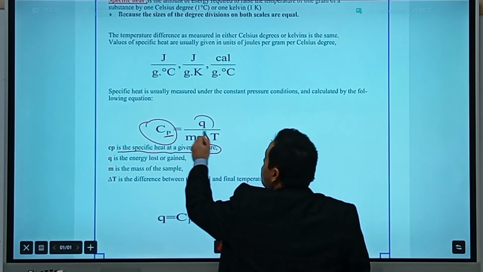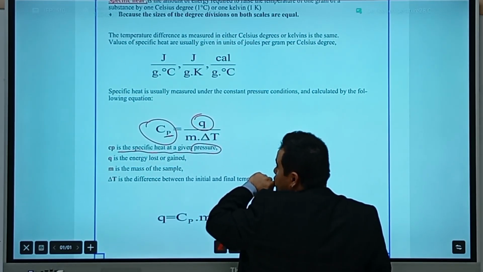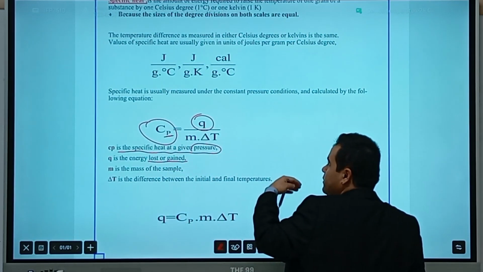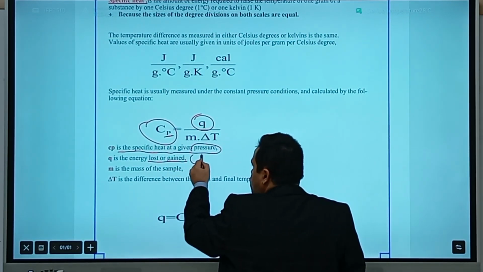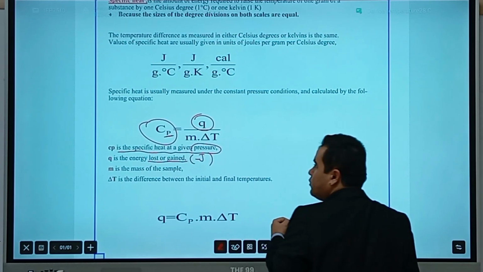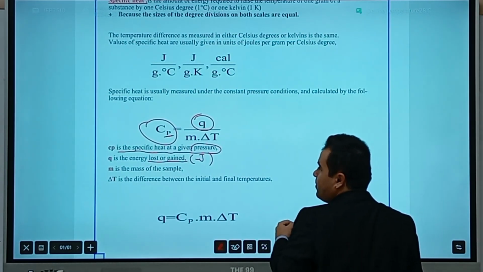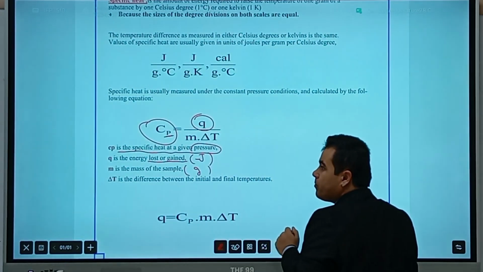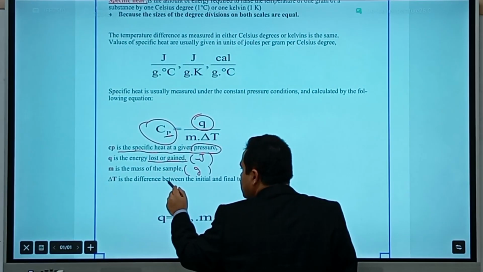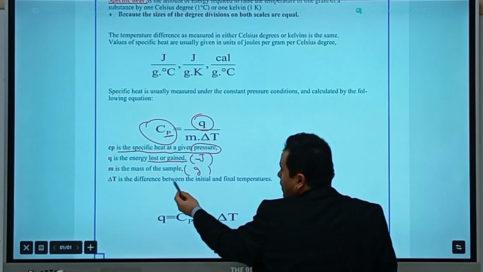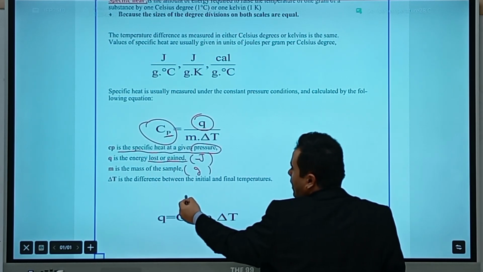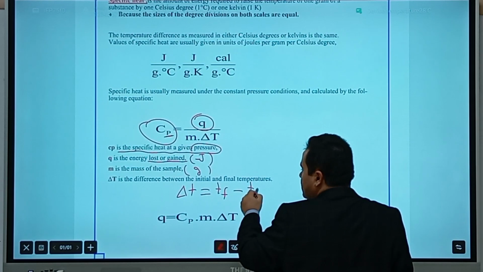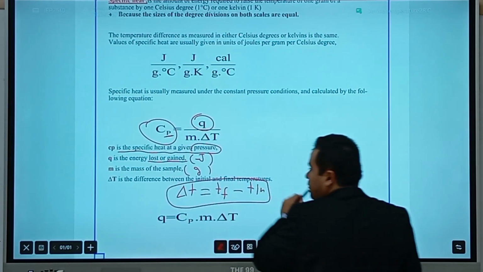Cp is equal to Q over m delta T. Q is the energy lost or gained, and must be in joule, guys, which refers to the unit of Cp. M is the mass, must be in gram always. And delta T equals T final minus T initial.